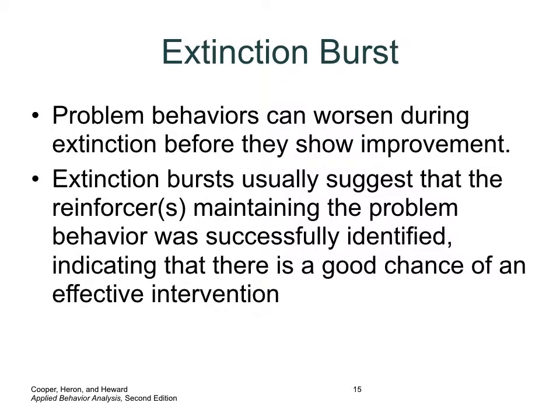So for example here, if a student's screaming is maintained to get teacher's attention, and if the teacher starts to withhold the reinforcer, which is teacher's attention, the intensity or frequency of problem behavior will increase immediately before it goes down, because the student has used the screaming to get teacher's attention and it worked, right?